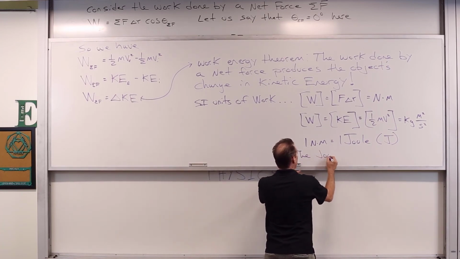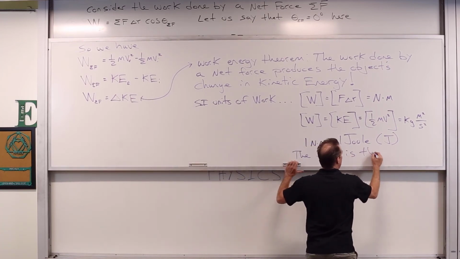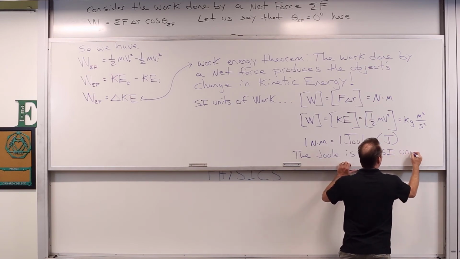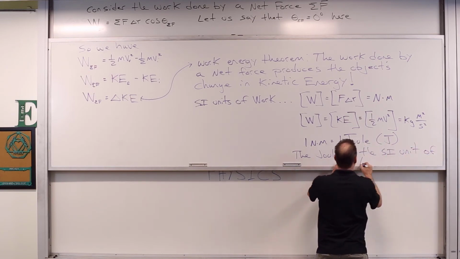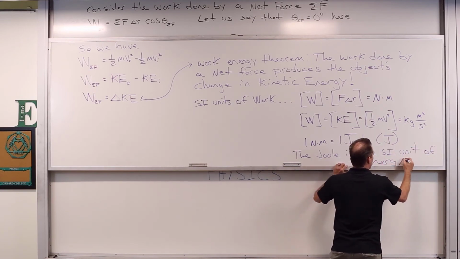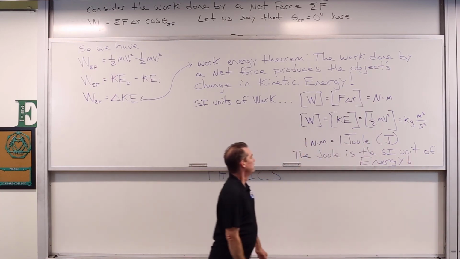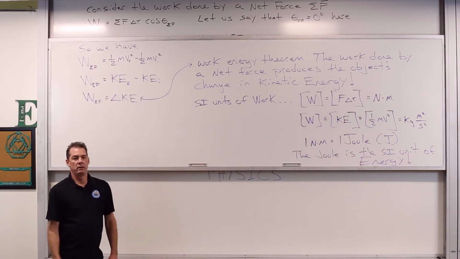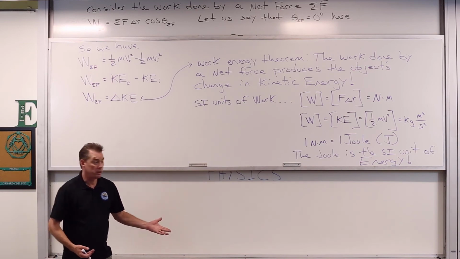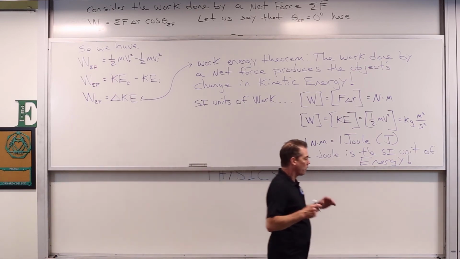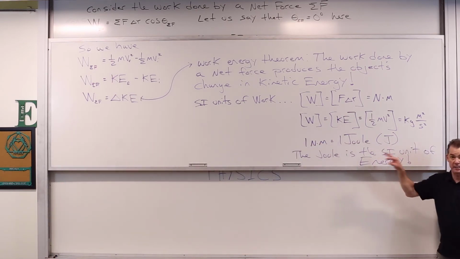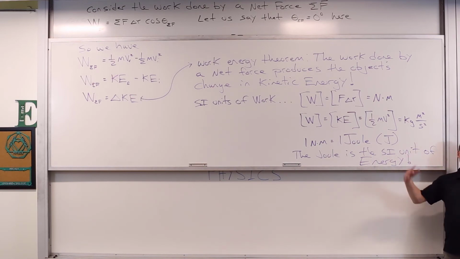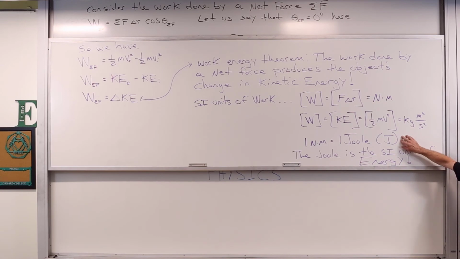The joule is the SI unit of energy. Joules happens to be the same unitization as work and kinetic energy, but it overall is the SI unit of energy itself. There's different types of energy. This is just one, kinetic energy. But that's what we've got going on.